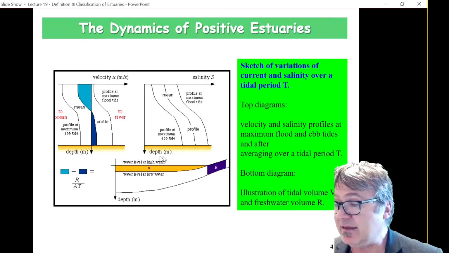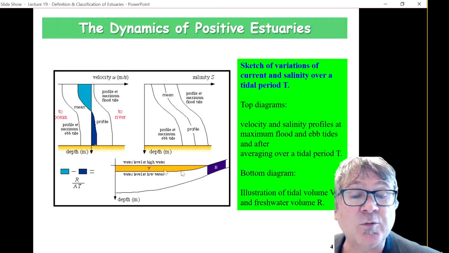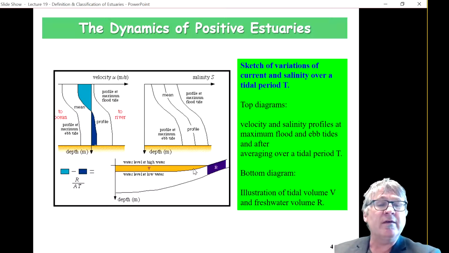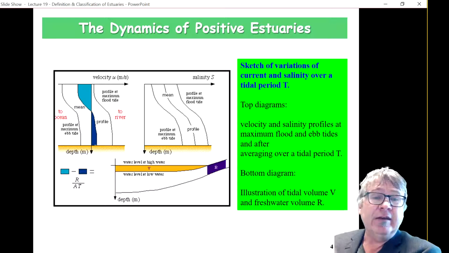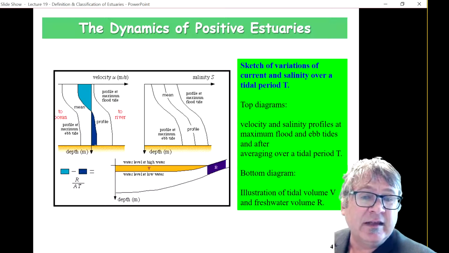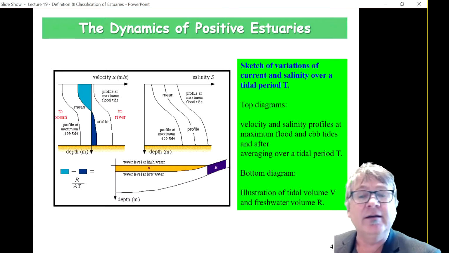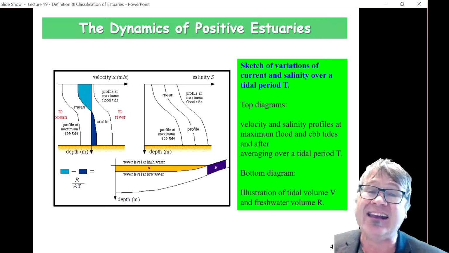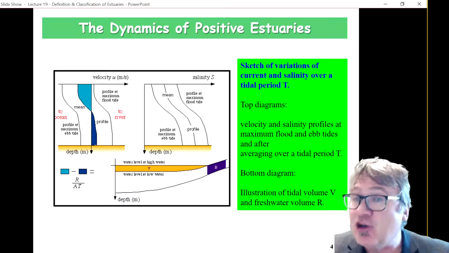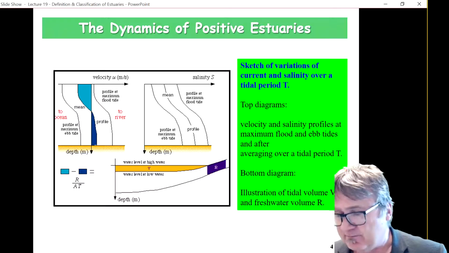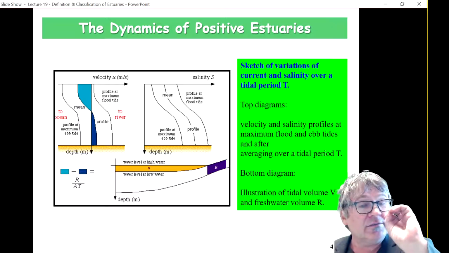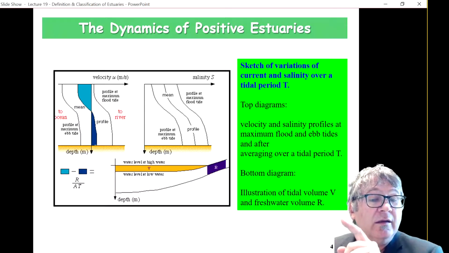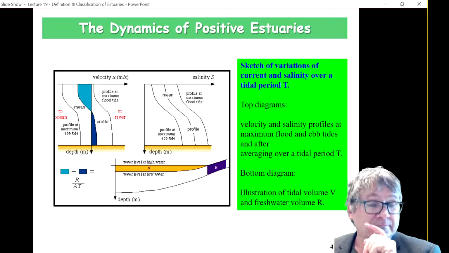And these volumes are what we compare to determine whether the river inflow is dominant in setting up the salinity structure in the estuary, or whether the tidal dynamics is dominant in setting up the structure. You get some significant differences based on this ratio.